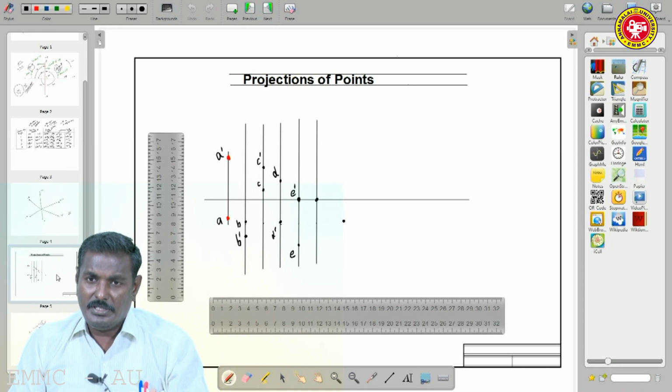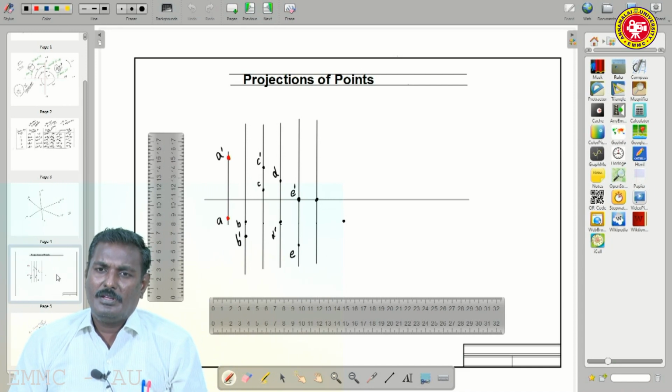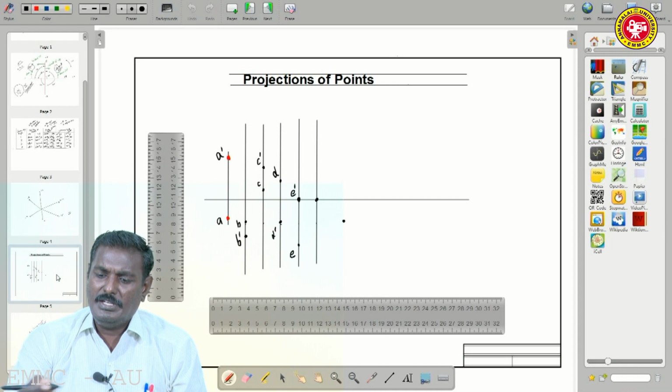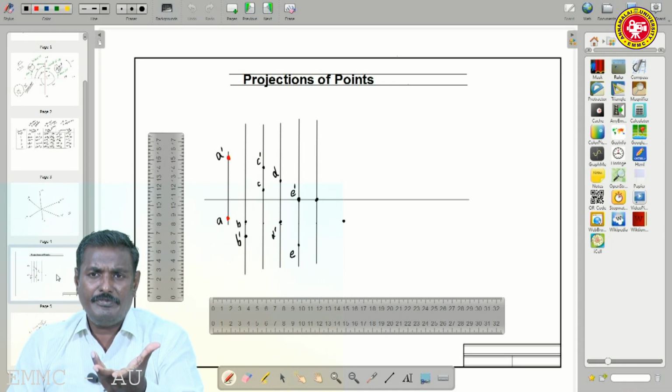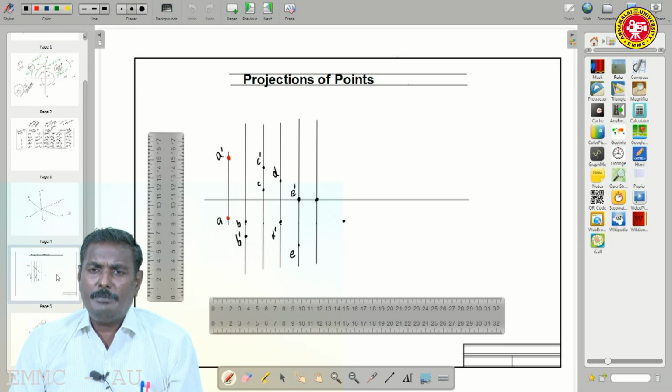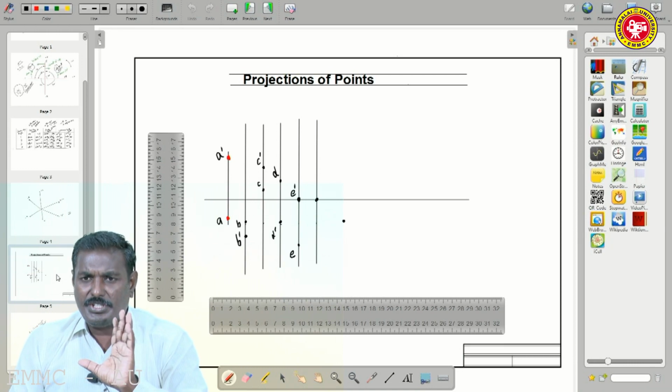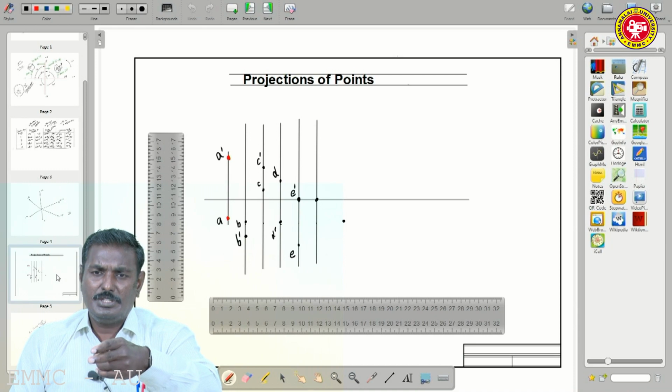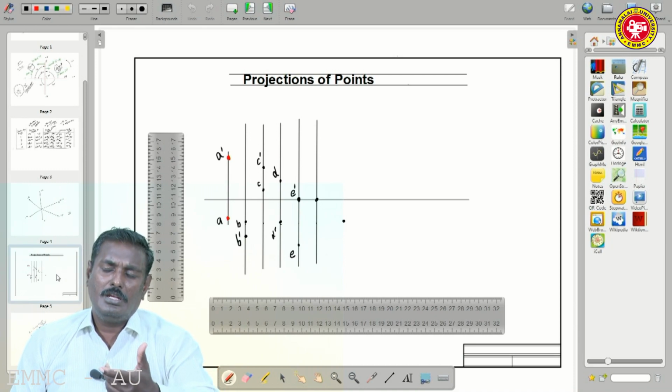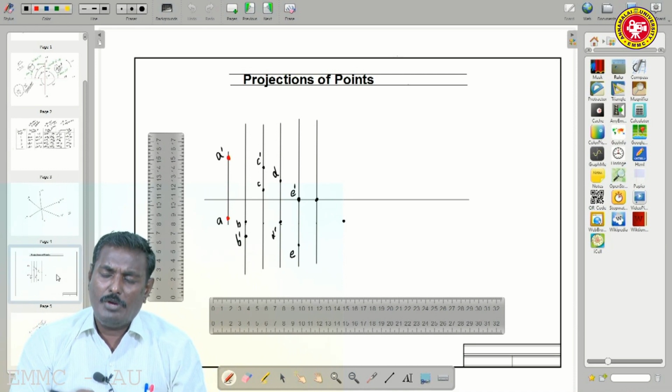For that separator, which one is first, A dash, here F dash or F or capital F? But here we are required projection. For showing projection there are only two things, elevation, that is front view, or top view. So, what do we have to give?